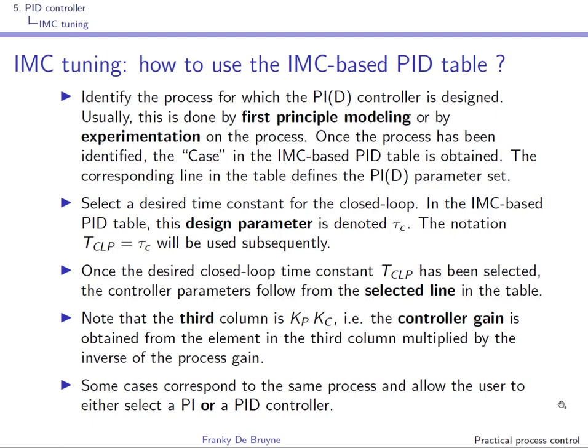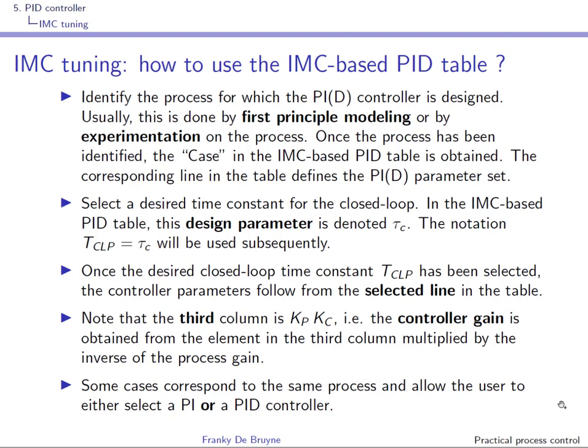TCLP. Once you have this desired closed loop time constant and you have selected the appropriate line, you have access to the integral time constant and the derivative time constant. You just have to take the corresponding expressions and replace the values of the process parameters by the process parameters that you have identified, and replace TCLP by your design parameter.